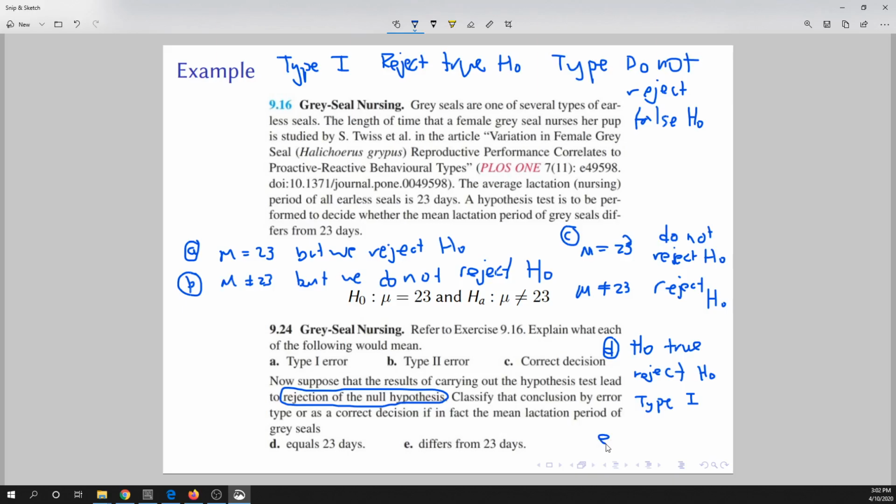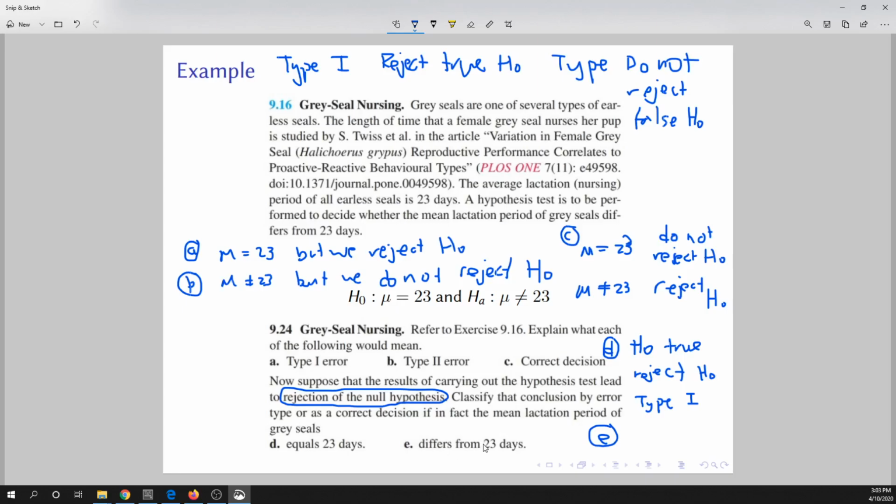All right, part E. Okay, in part E, they say the mean differs from 23 days. So they are saying that this is the truth: the actual truth is that the mean differs from 23 days. So if we look at that in the context of our null hypothesis, our null hypothesis is the opposite of that.